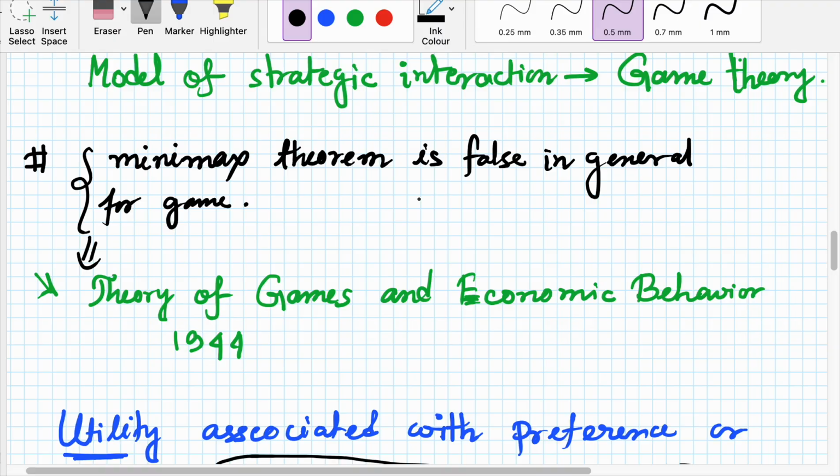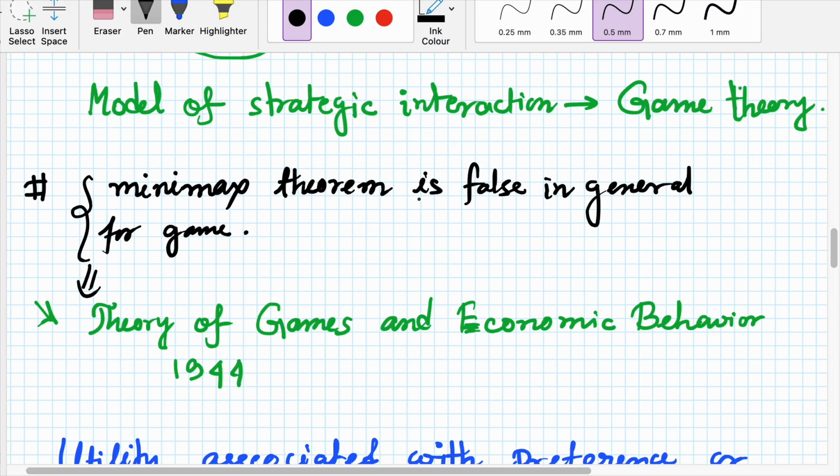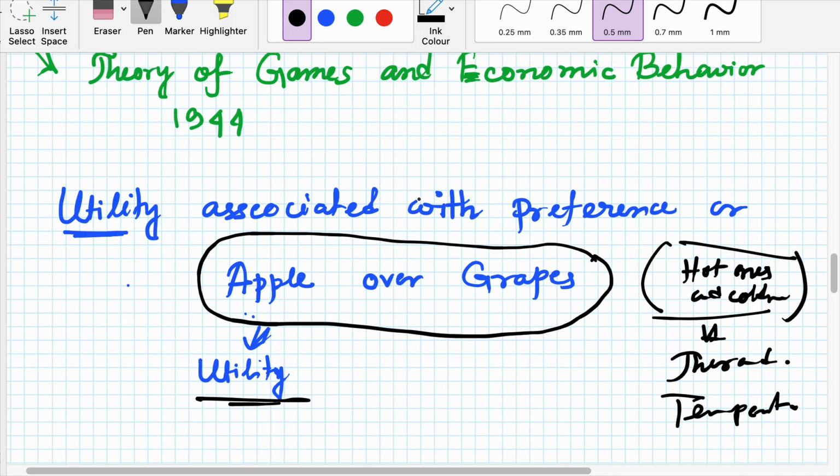First, von Neumann and Morgenstern formalized the theory of utility. Now, what is utility? As we have told in the previous class, the concept of utility is derived in the book Theory of Games and Economic Behavior by von Neumann and Morgenstern.